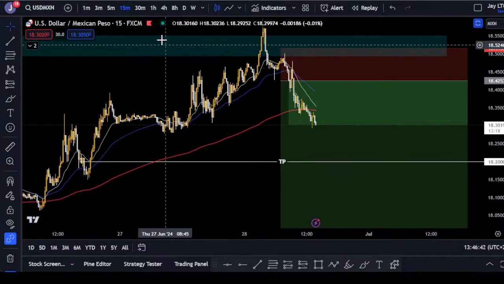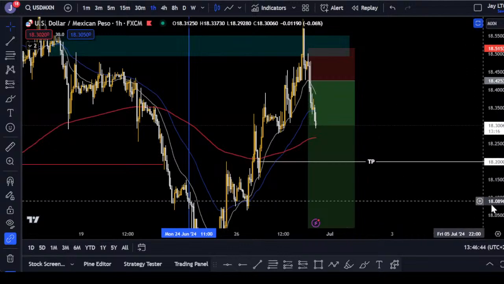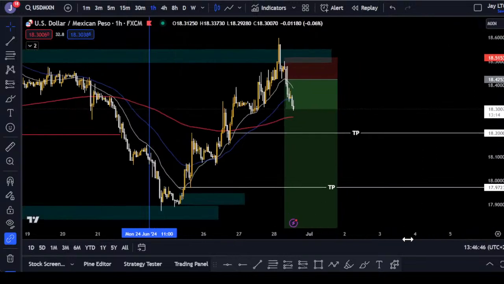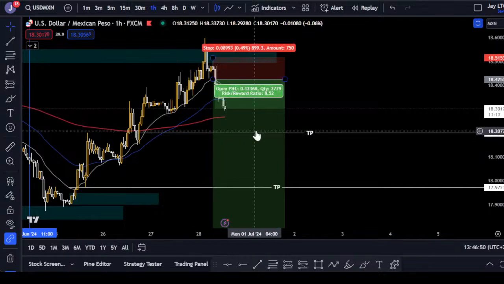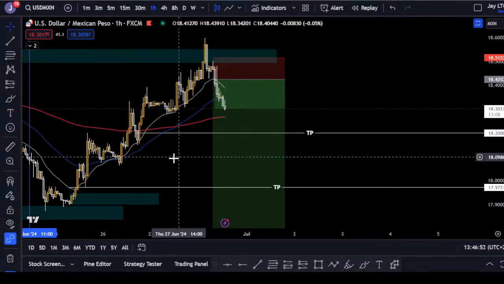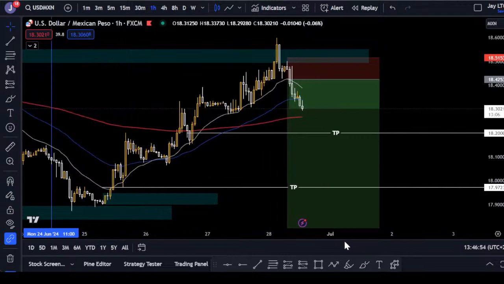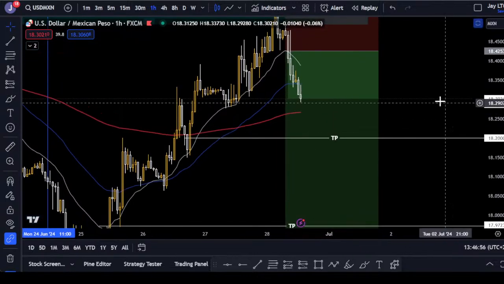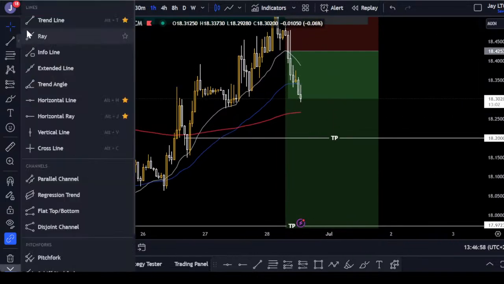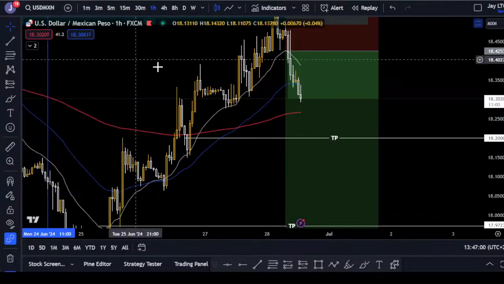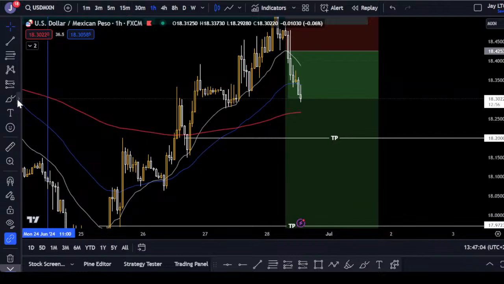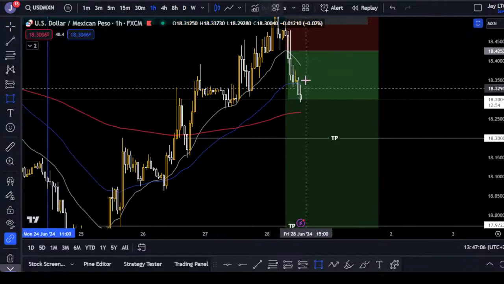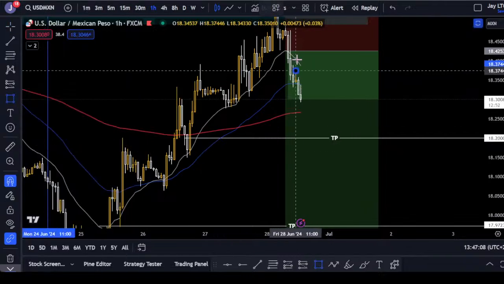Anyways, this thing keeps dropping. Like I said, next target is 18.2. And we will have some form of resistance right now. If you haven't entered on this trade yet and you want to enter, it's not too late, but you need to wait for the pullback.